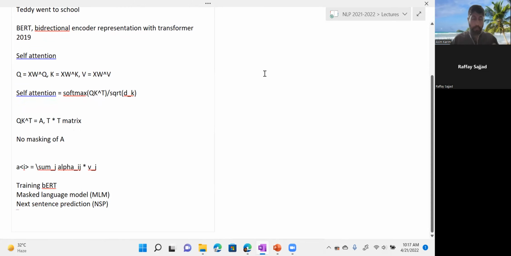So let's talk about the masked language model, MLM. Again, you cannot use the standard language modeling, because in standard language modeling, we are predicting the next word given the preceding words. Here, the next word is already in our model. We cannot use it. So we have to modify the language modeling scenario.